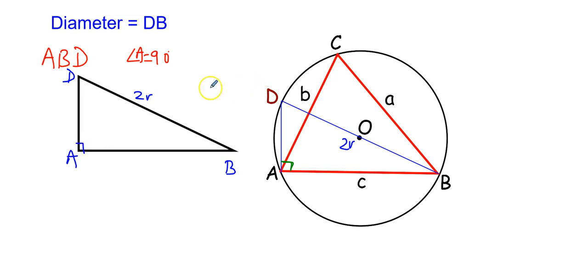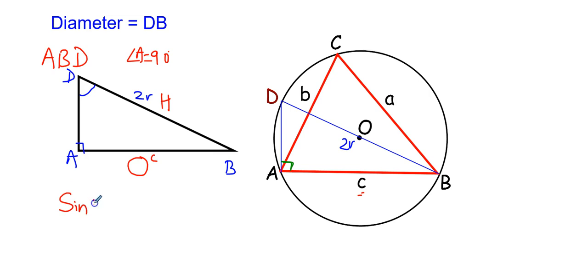Now I have in this triangle, I'll try to find the measure of sine of this D. For this angle D, you know that AB becomes the opposite side. AB is the opposite, and DB is the hypotenuse. The measure of this hypotenuse is 2 times the radius, and the opposite side, you already have it as c, right? That measure is c.